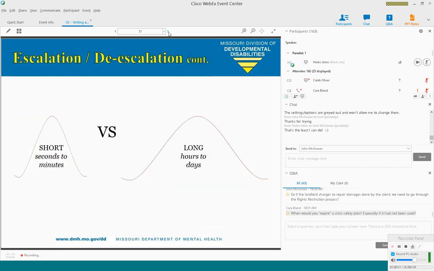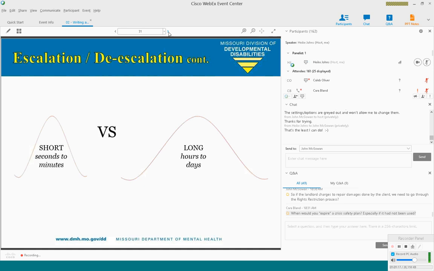We also need to consider these two more questions when we're thinking about this initial phase of escalation. How long has the person stayed upset in the past? Is this somebody who kind of blows up and is quickly over it and goes on with the rest of their day? Is this somebody who kind of stews on something that's happened for a long time and then blows up, or gets upset and stays upset for a really long time? So how long do they stay upset?